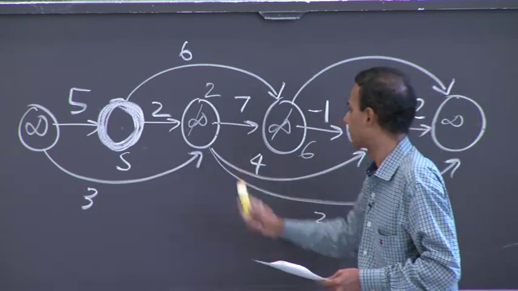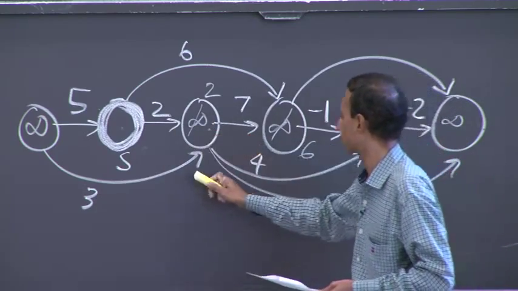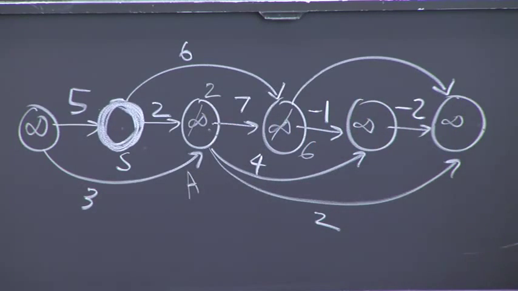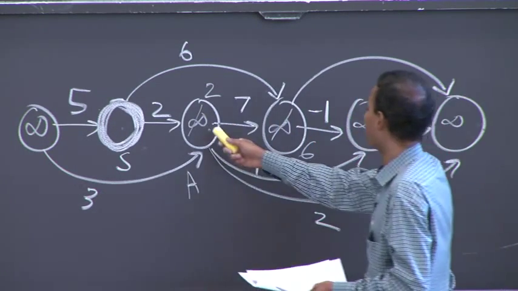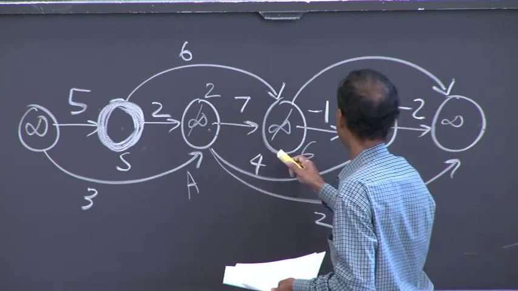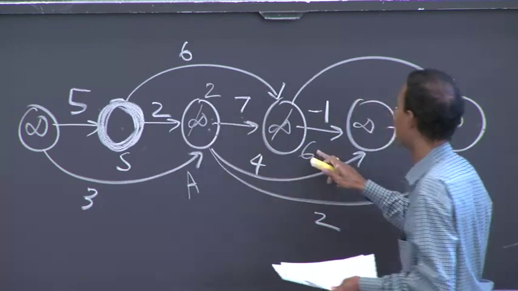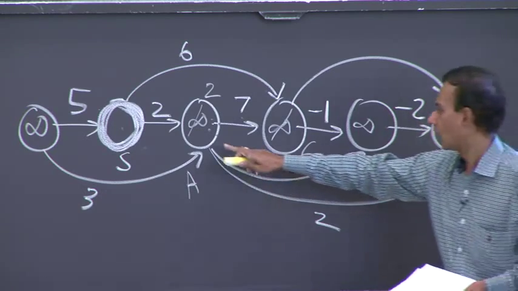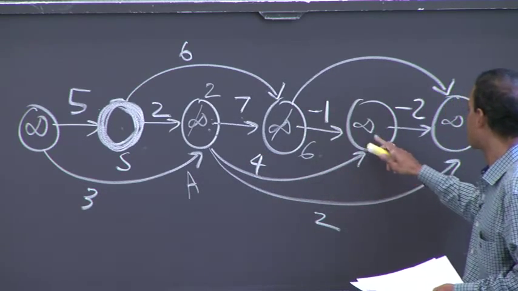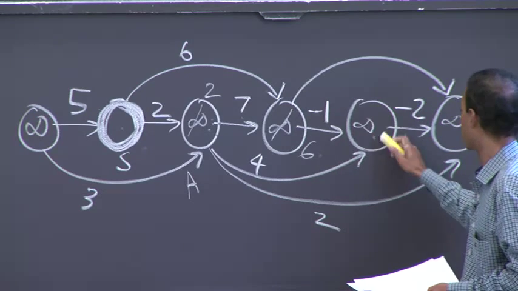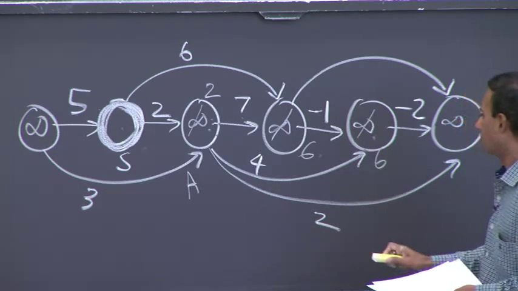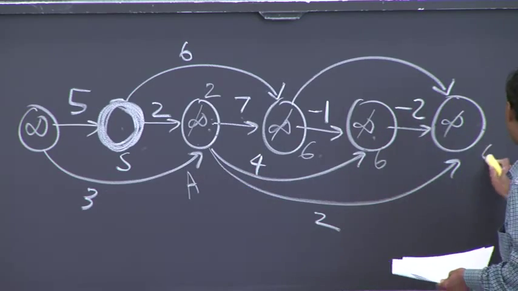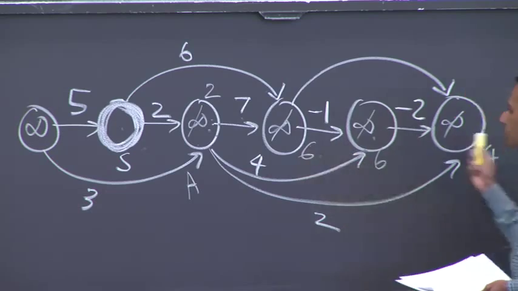So the next step is to get to this vertex. Let's call that the vertex A. And I'm going to relax the edges going out of A. And when I go out of A, I get 2 plus 7 is 9, which is greater than 6. So there's no reason to update that. 2 plus 4 is less than infinity, and so that's 6. 2 plus 2 gives me 4 here, and so on and so forth.